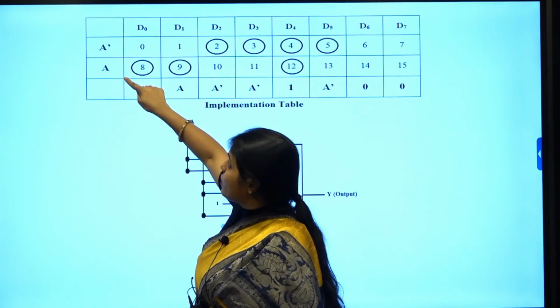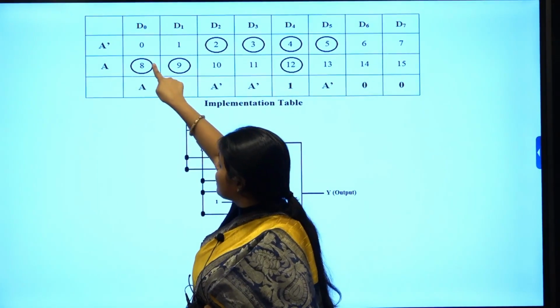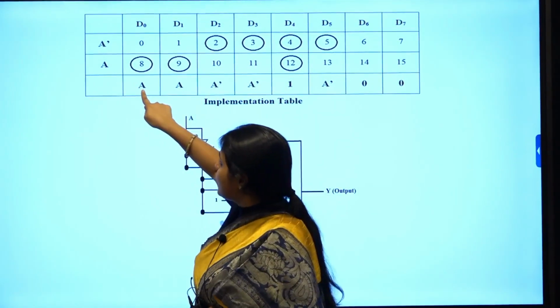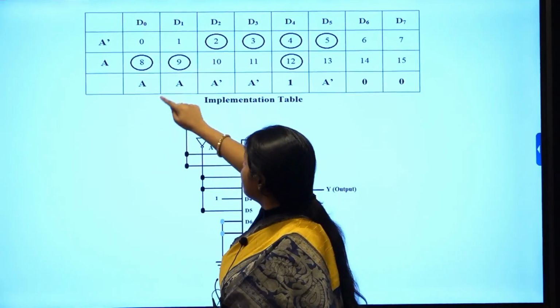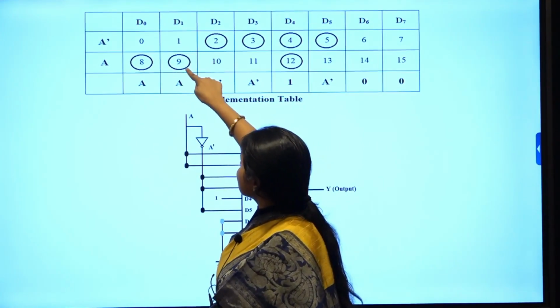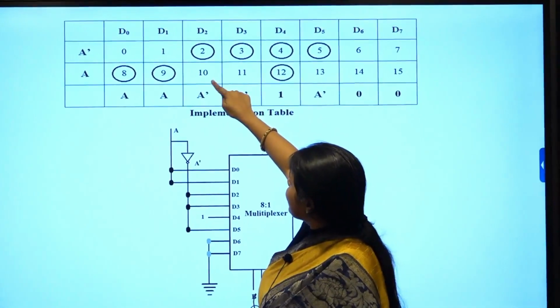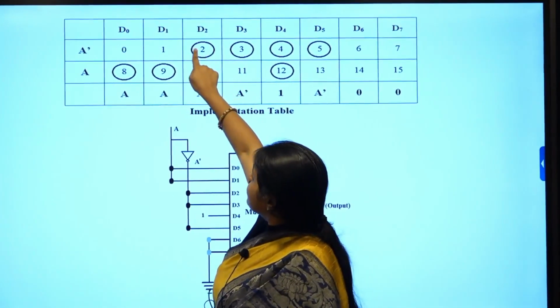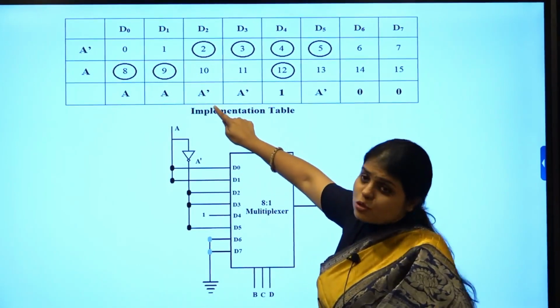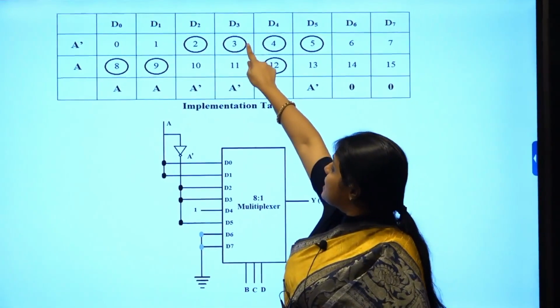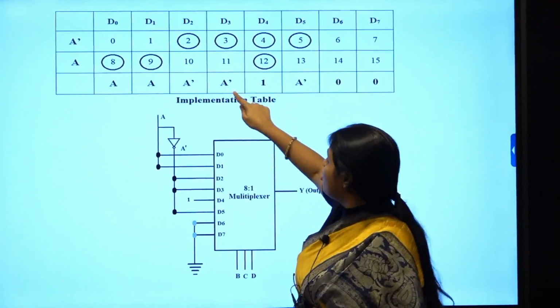Out of A and A bar, this particular 8 is circled here which belongs to A. So hence I write the output as A. Here in this case 9 is circled which belongs to this row, so it is A. Here in the D2 case 2 is circled which belongs to the A bar row, so A bar. In this case 3 is circled which belongs to the A bar row, hence A bar.